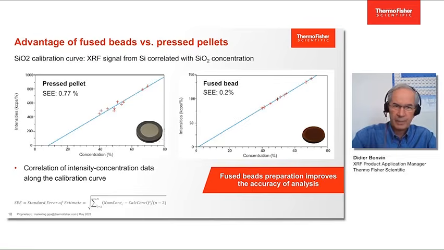And then, although we grind them for maybe a long time, a couple of minutes, for example, the grains of silica do not break down, and we still have some grain size effects that cause difficulties of aligning the different samples on the calibration curve.